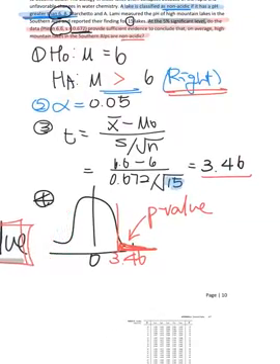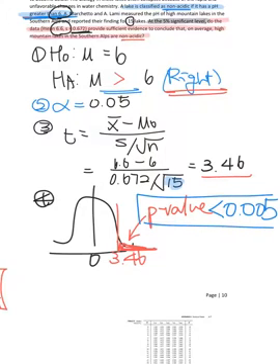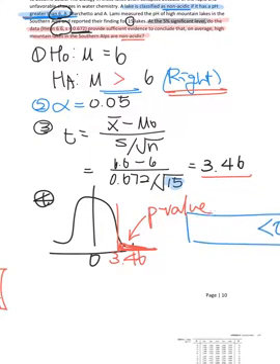So let me take this one. Now I can say the p-value will be less than 0.005. I'm sorry, I don't know how much it will be exactly.